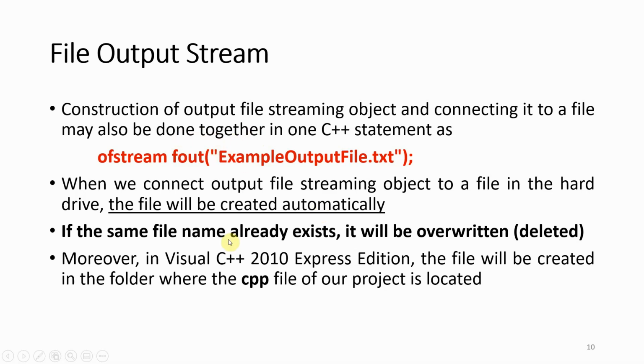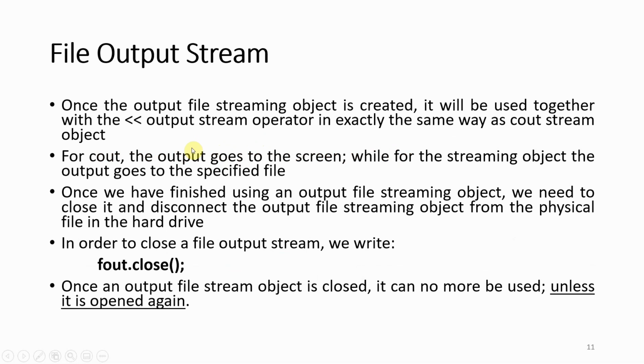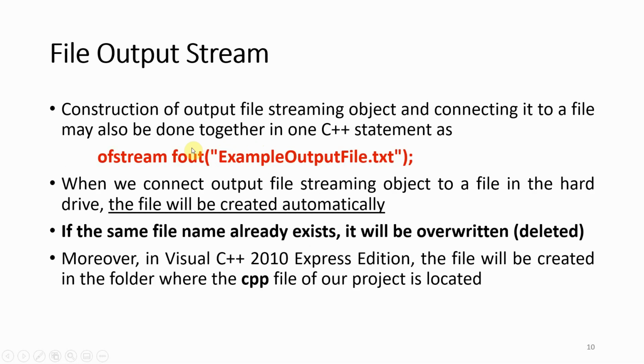So your file will be automatically created in the same folder of your C++ file. In other compilers, it might be different. But if you want to create your file in a different folder, you have to provide the path of it here. So for example, C colon slash, the name of the folder, and etc.